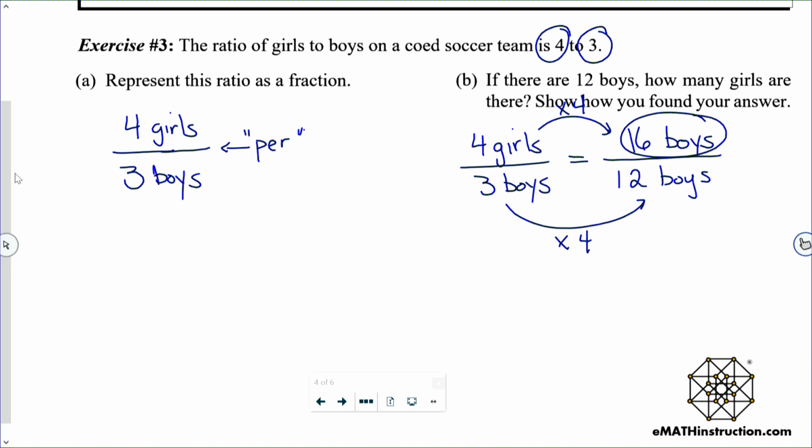All right. Let me just make sure. Oh, yeah, no, that's right. That's 16 girls. Otherwise, I have 16 boys and 12 boys. That's a little strange. No mistake in the multiplication there, just a little bit weird in how I answered the question. So yeah, 16 girls.